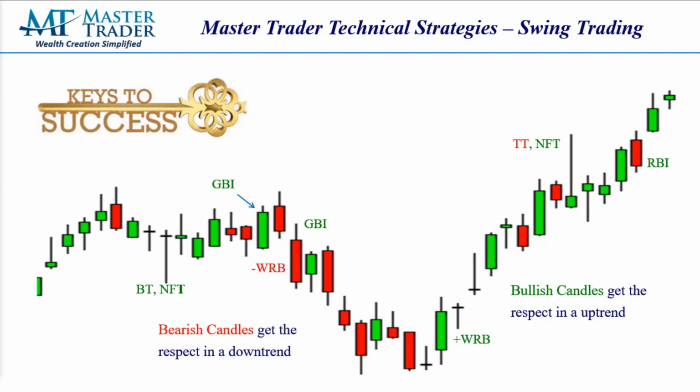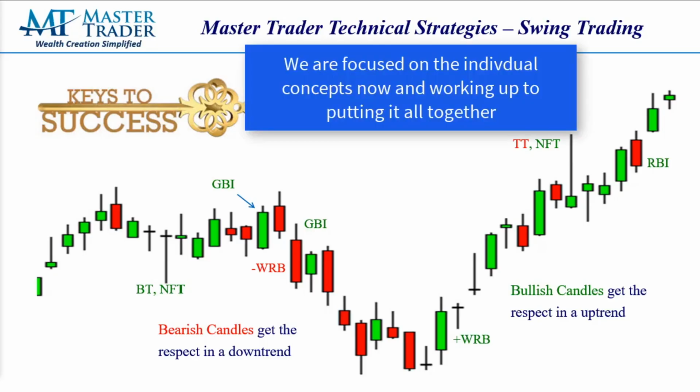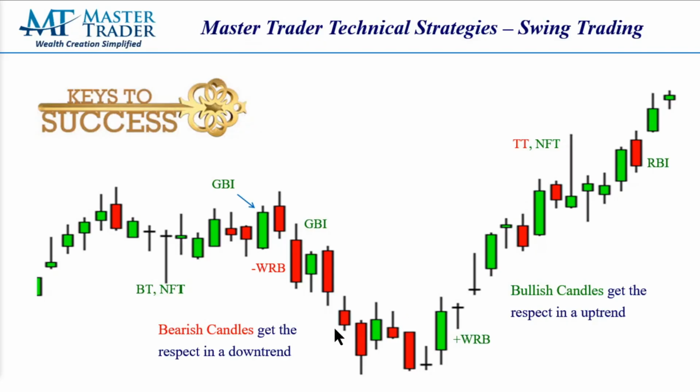I think at this point you're starting to get the hang of what we're doing here and putting together these individual bars. And what these examples we're looking at here, we're not talking about trends so much as the bar by bar type of analysis, but you know where we're going here as we put this all together. At this point, we're just recognizing individual candles.